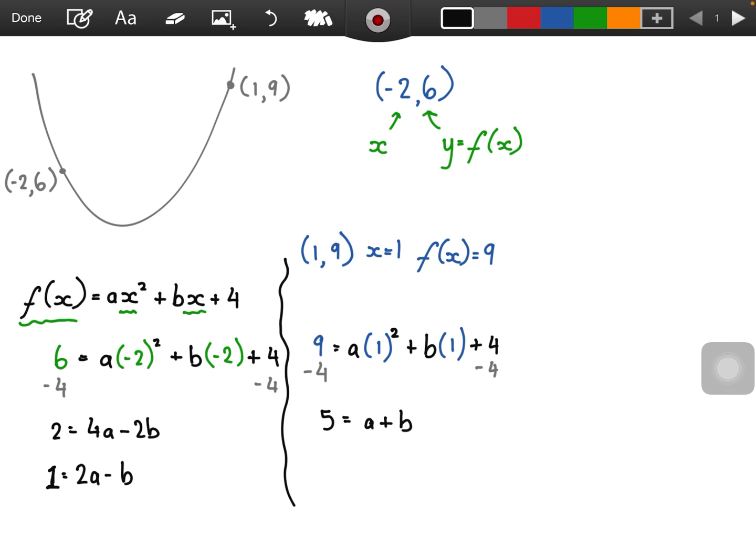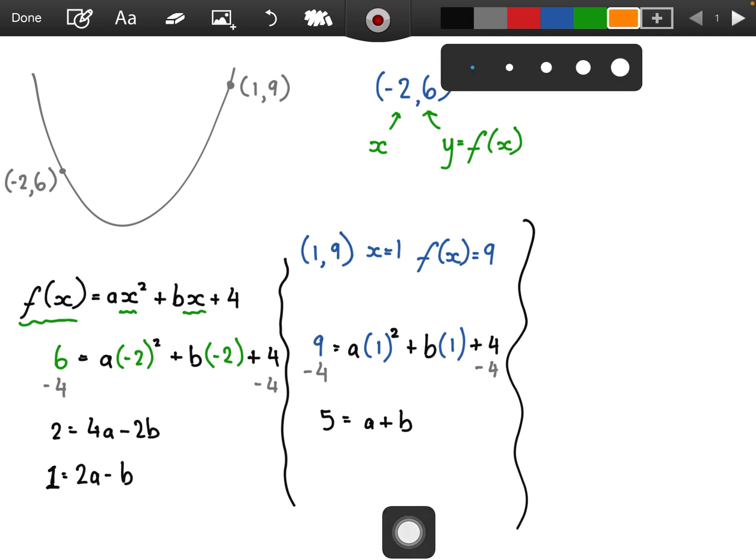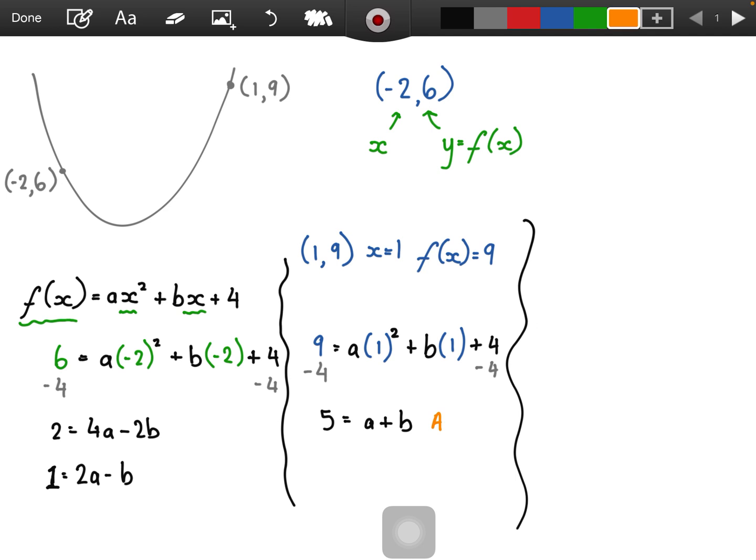Now I have 2 equations, and I can go through these with any simultaneous equation method that I want to use. You can isolate a or b in one of these and sub it back into the other equation, or we can go through it with the method where we label them equations one and two.